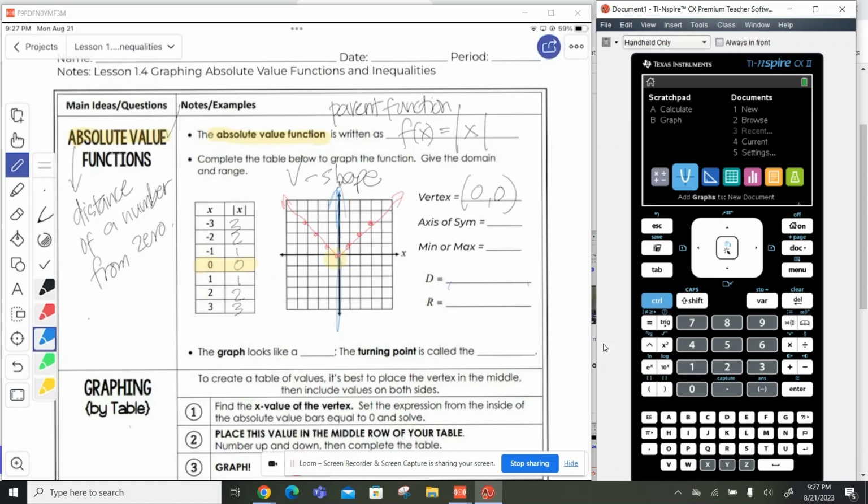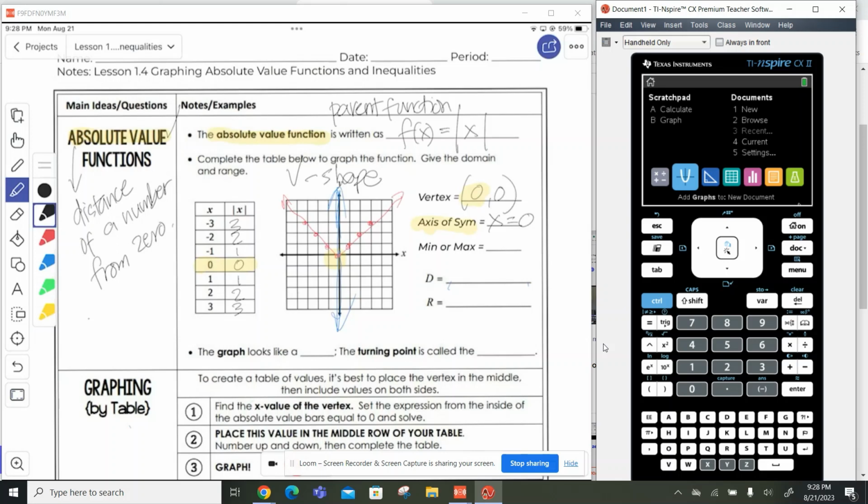This line cuts the graph in half, and it crosses the x-axis at 0, so x equals 0. In fact, the axis of symmetry is simply the x value of the vertex.